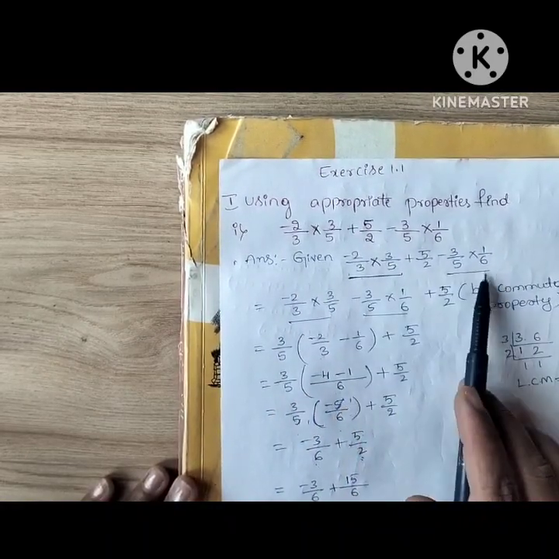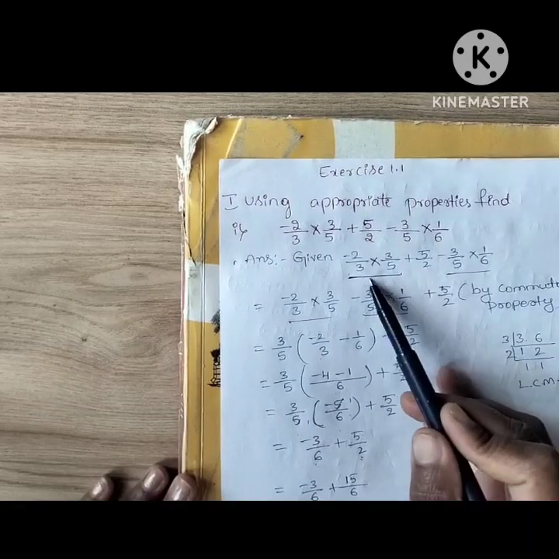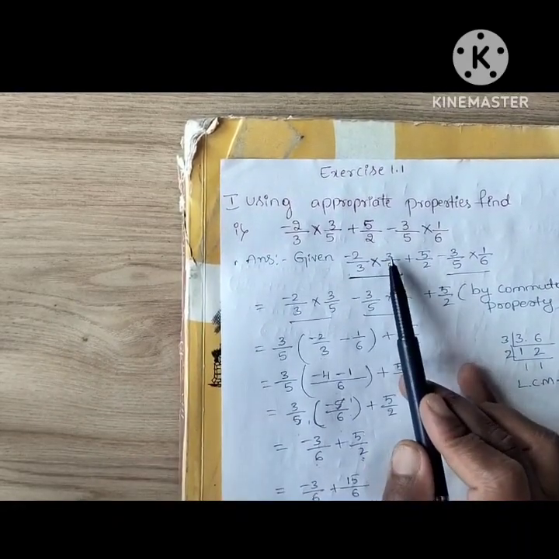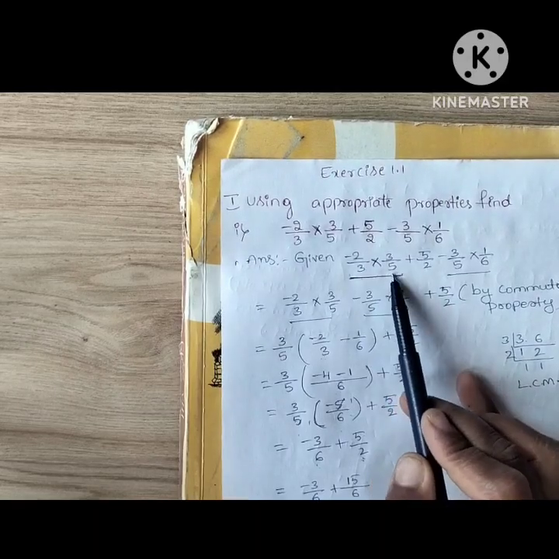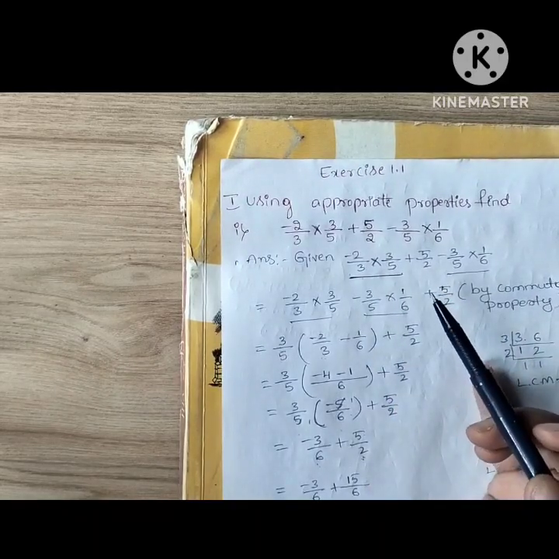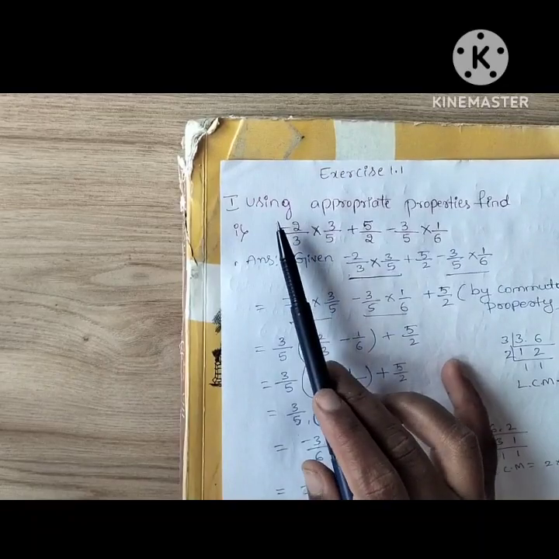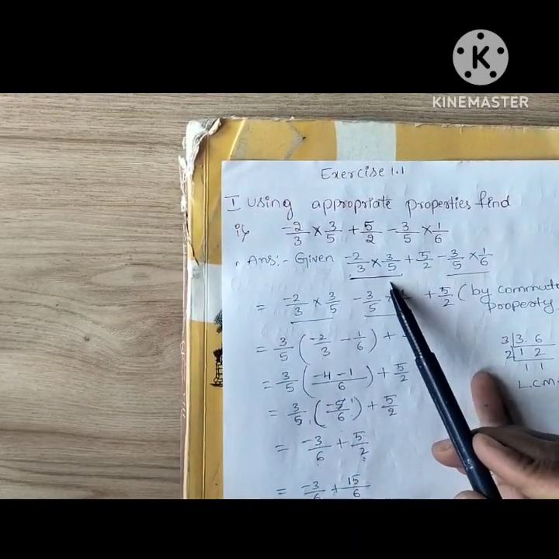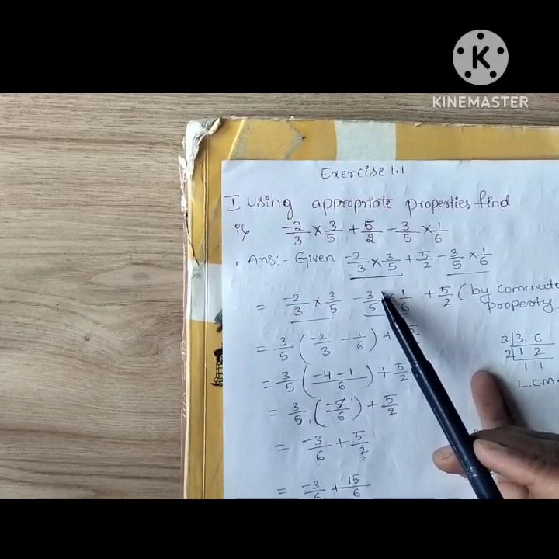Write it as the same problem here. We can solve it directly by multiplying numerator into numerator and denominator into denominator. We can solve it easily, but they are asking here using appropriate properties. You have to find the solution for this problem.